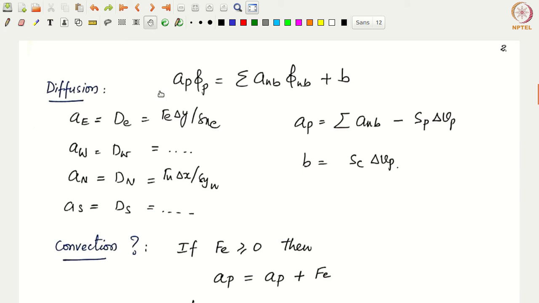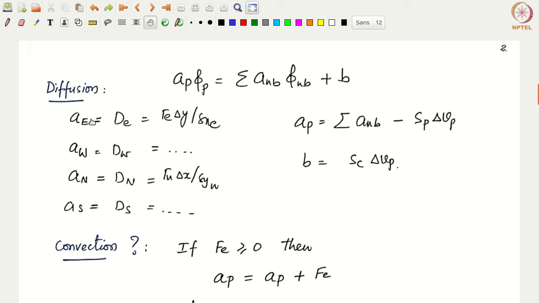So we can first assign these A's and B's only with contributions from the diffusion. A east would be essentially gamma E delta Y by del X E, that is nothing but your D east. Similarly, A W would be DW, that is gamma W delta Y by del X W. Similarly, A north would be DN, which is given by gamma N delta X by delta Y N. And A south would be D south, that is gamma south delta X by delta Y south. So far so good. These are only the A's considering the diffusion part.